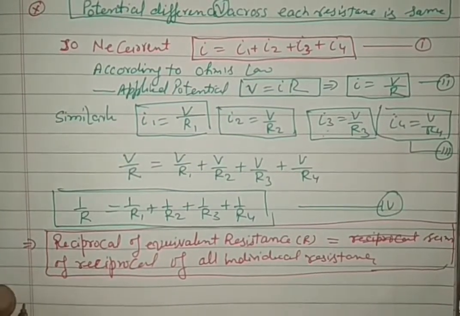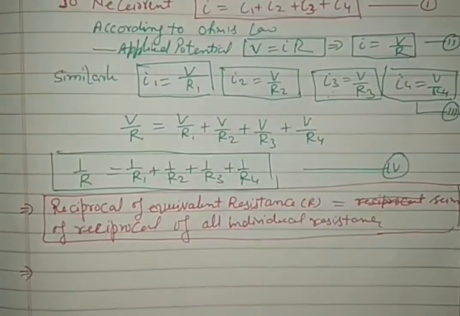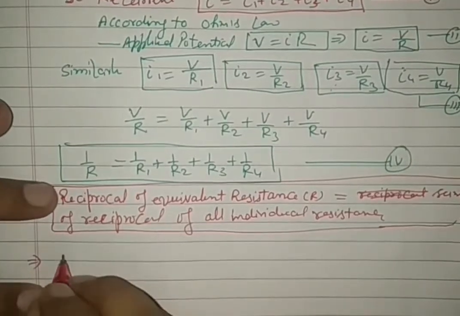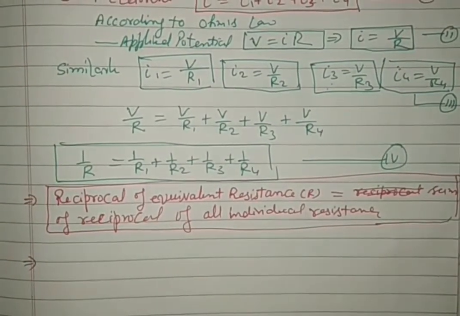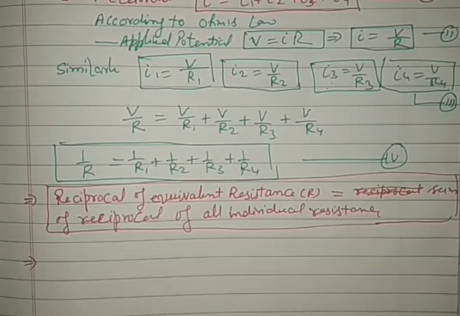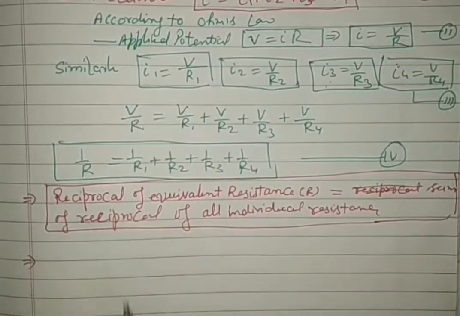Now see second, when we obtain this by the sum of reciprocals, it implies that this equivalent resistance is always less than the individual value of the resistances, because we are writing it by the reciprocal.